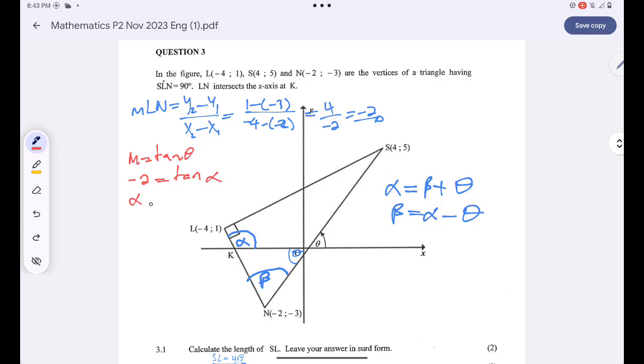So we'll simply say alpha is equal to 180 minus the inverse of tan 2. Are we together? Please note that I no longer substitute the negative here. Why? Because the 180 minus represents the negative. So I'll simply say 180 minus tan inverse 2.